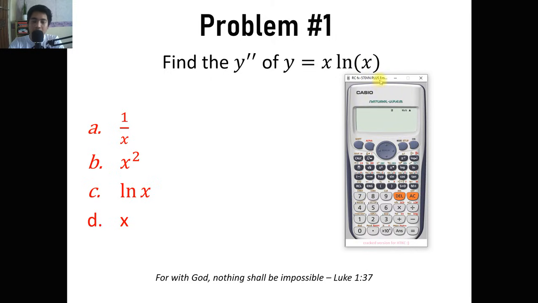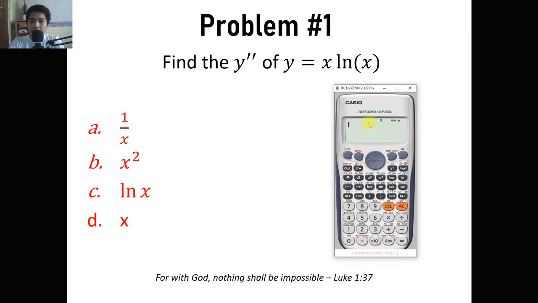So we have a radian mode, because there are derivatives that involve transcendental functions. Okay? So we have shift. We are going to calculate first that function, x ln of x, with alpha x, and then don't forget the parenthesis to close the ln of x.